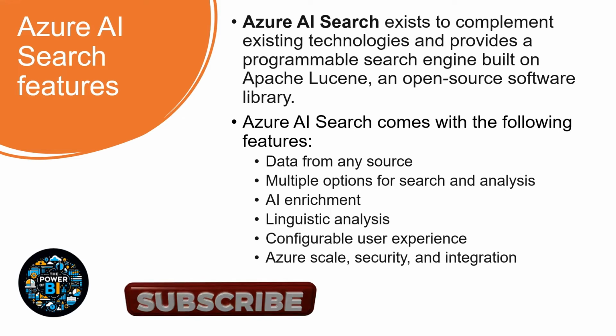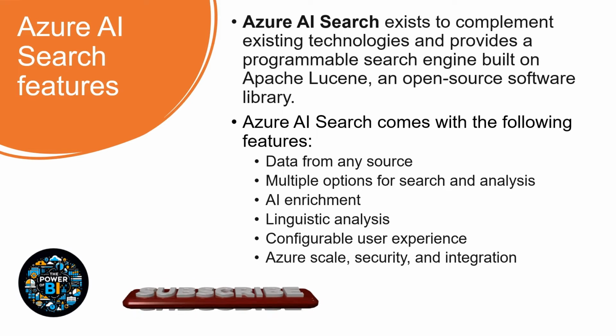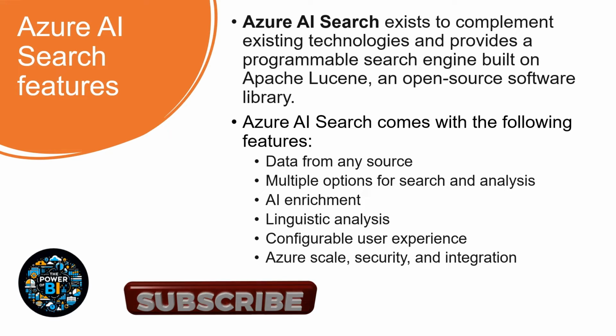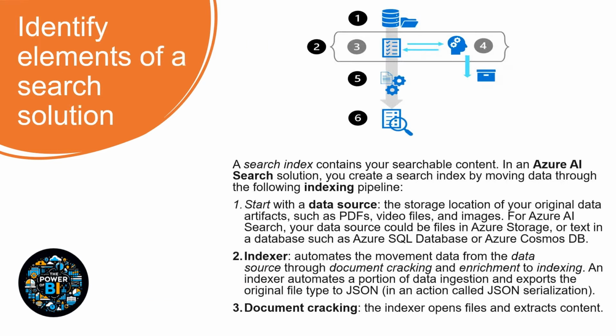And also there is a configurable user experience that includes queries, text search, fuzzy search, autocomplete, as well as other filters like physical locations and proximity as well. Of course, Azure provides security and integration with the data, and a machine learning layer with the Azure AI services and OpenAI.